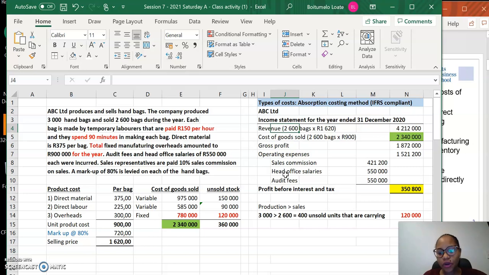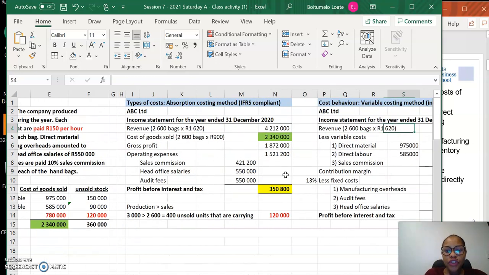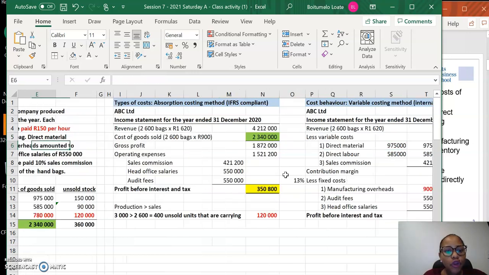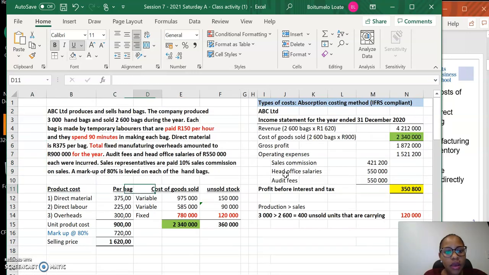How does that look? If we do a variable costing income statement, the revenue was 2,600 times 1,620, which is the same as for your absorption. But now you want to subtract your variable costs. Looking at your direct material, each time your units go up, you need more material to produce those handbags.